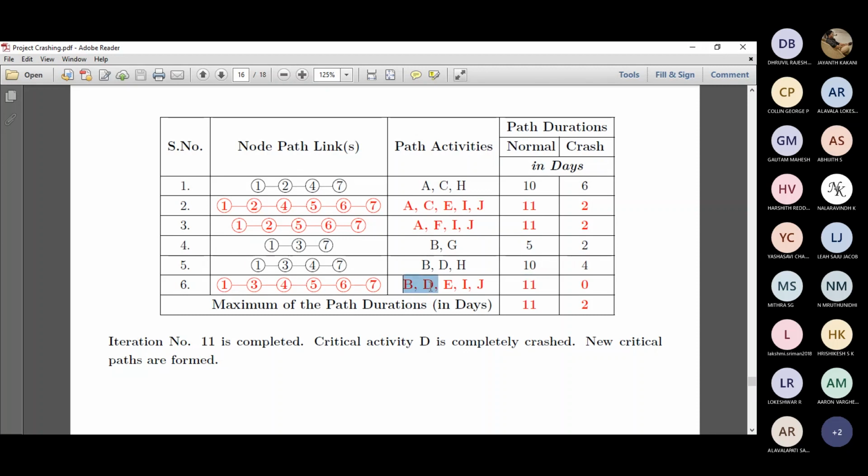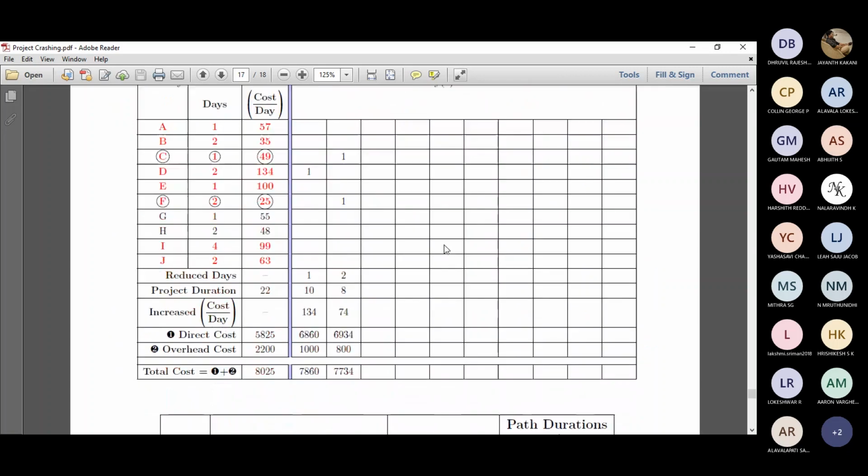In BDEIJ, EIJ is here in this also. IJ is here in this also. So the things that are different are A, C, and F. So A, C, and F are pretty new. B, D, E, I, J are the original critical path, and A, C, F are the new critical paths.